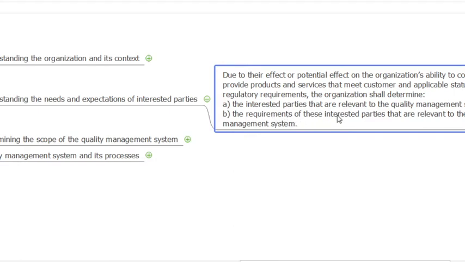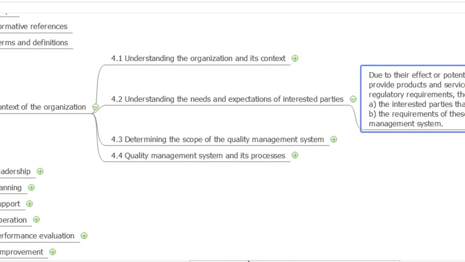And requirements of interested parties, like employees: they have requirements for good wages, good salary, satisfaction level, job profile; all these things we can mention here. So for 4.2, I am taking just one example of how to understand the standard.